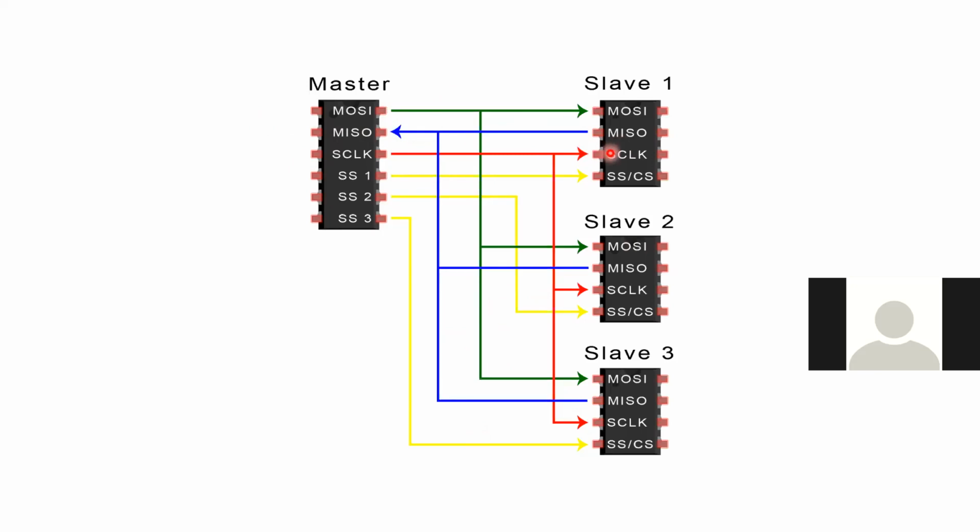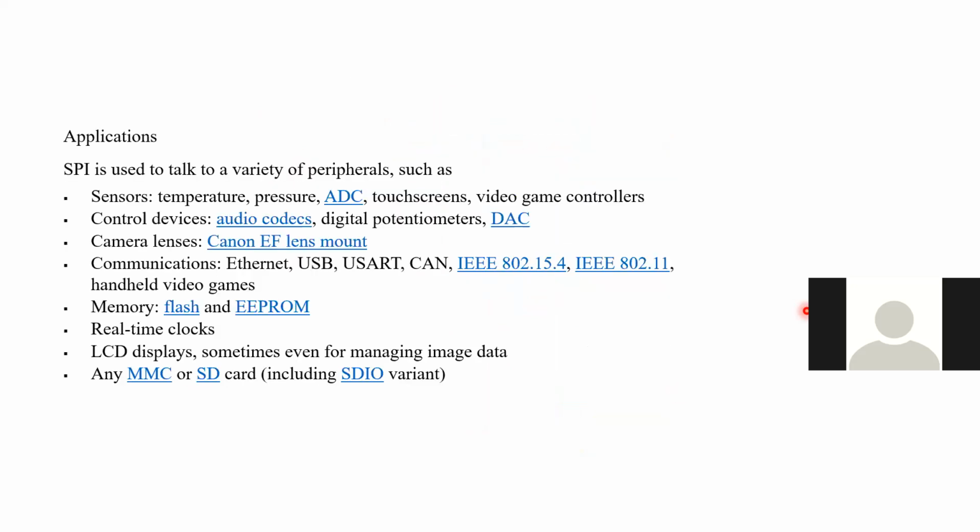Same thing. M stands for master, so master in, slave out. The blue color line indicates master in and slave out. So I think you have understood this diagram. Put your mic on mute.